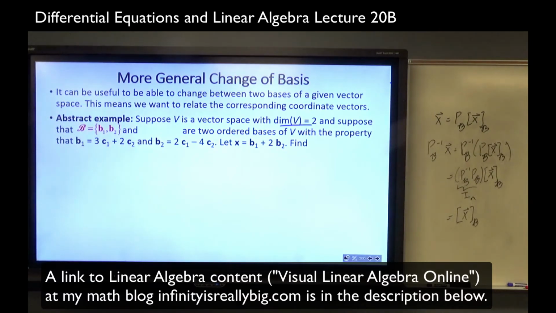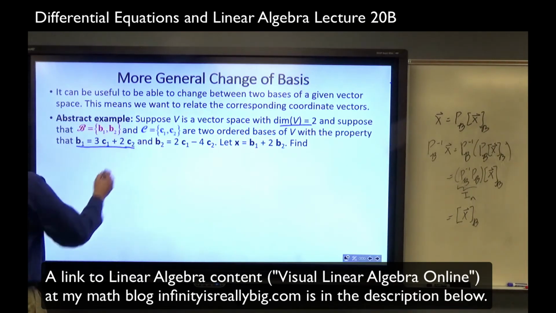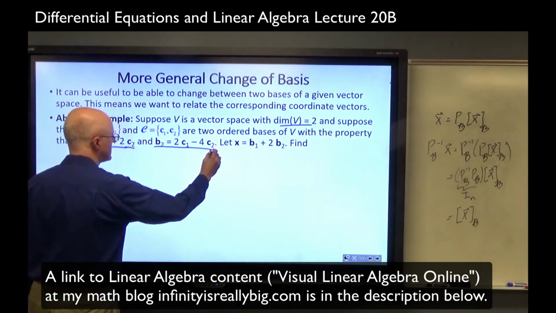Suppose B is B1, comma B2, and C is another basis, C1, comma C2. Two ordered bases of V with the property that B1 is this linear combination of C1 and C2, and B2 is this linear combination of C1 and C2.